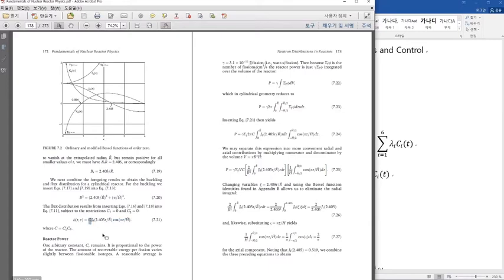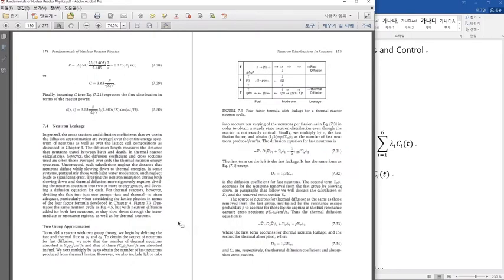And C is a variable which can be determined by the magnitude of the reactor power. If the reactor power is determined, then we are able to determine this value of C, and the neutron flux can be determined like that.